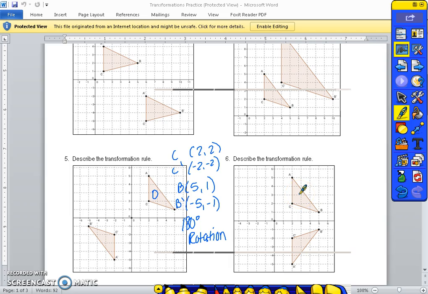It looks like these two images are the opposite of each other. It looks like they're flipping across the axis that goes in between them, which is the x-axis. B is one above the x-axis. B prime is one below the x-axis. C is 2 above the x-axis. C prime is 2 below the x-axis.